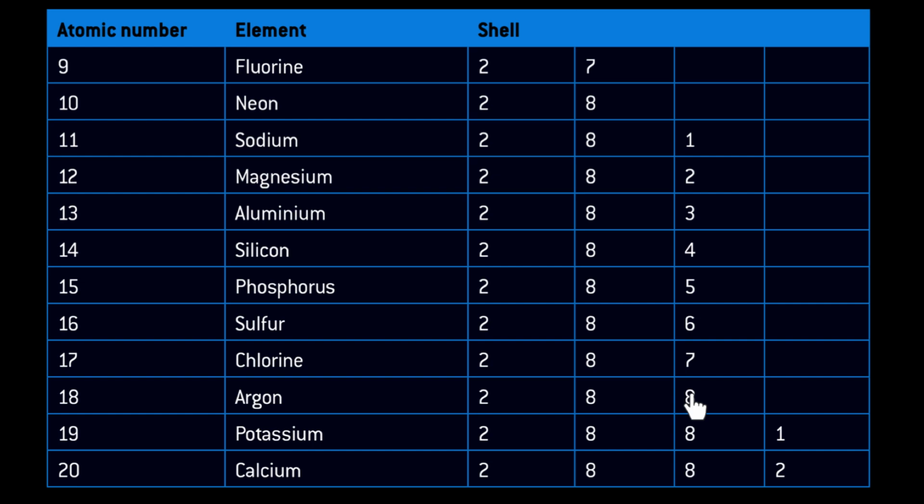But the third shell, when it hits argon, we know it can take 18 according to the rule that we have. But what we have discovered from properties and other data is that the next element, which has 19 electrons, is supposed to be 2, 8 and 9. It isn't 2, 8 and 9. It stays 8 in the third shell, and the 19th electron ends up filling the fourth shell.